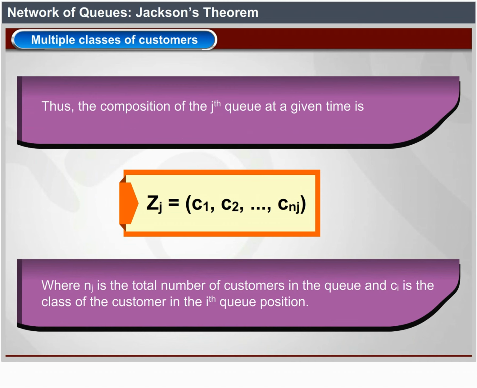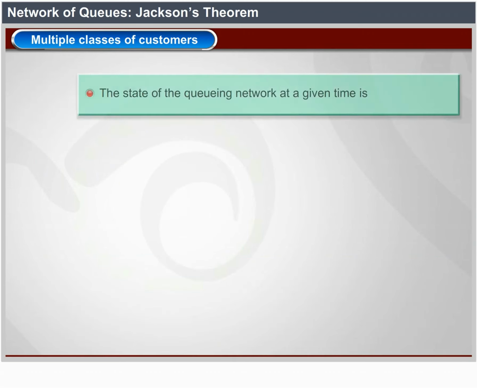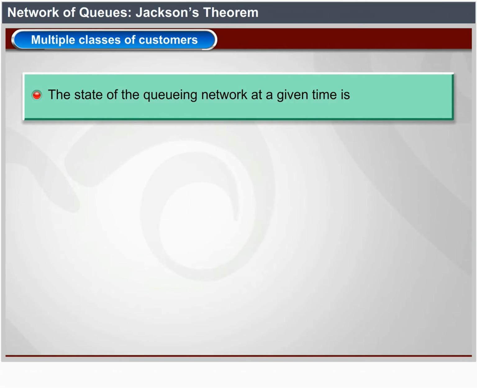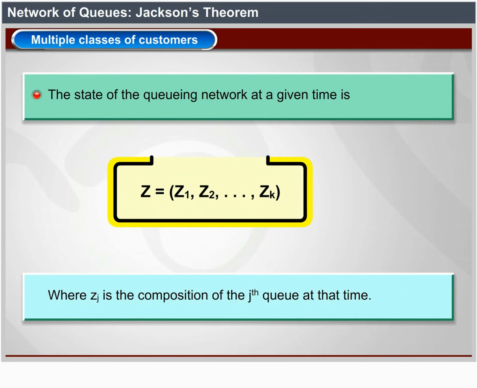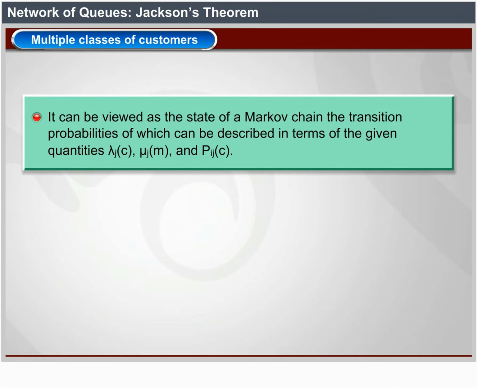The state of the queuing network at a given time is Z is equal to Z1, Z2 to Zk, where Zj is the composition of the jth queue at the given time. It can be viewed as the state of a Markov chain, the transition probabilities of which can be described in terms of the given quantities lambda j of c, mu j of m, and P ij of c.